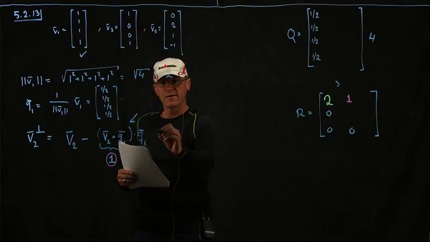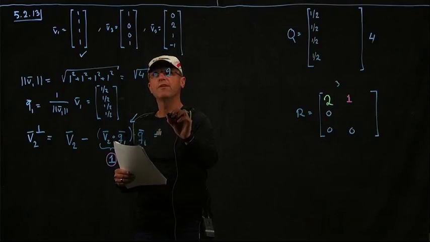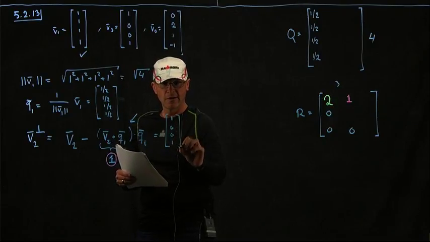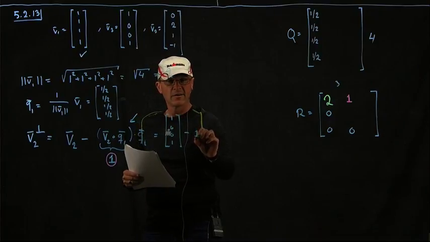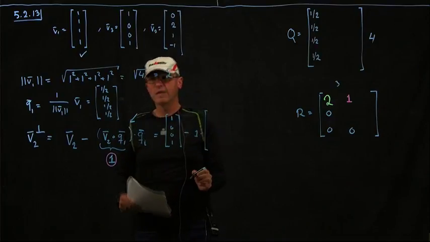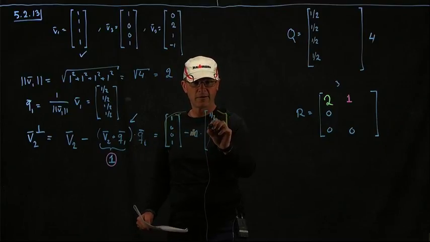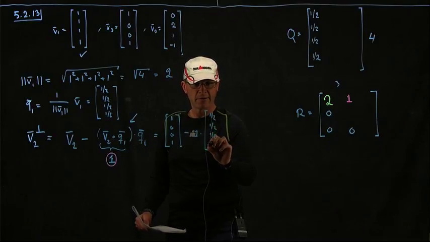Okay, then we can do this. We have V2 being 1, 0, 0, 1. We're subtracting 1 times Q1, and Q1 is all the halves in here.